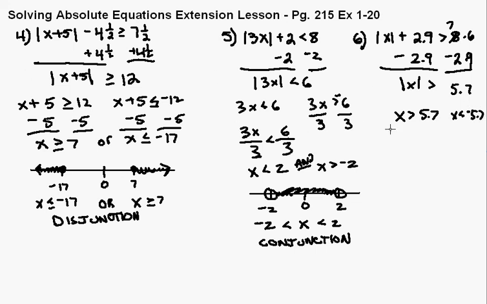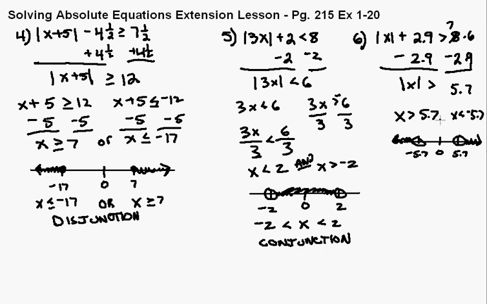Number line, here we go. So here is 0. Here is 5.7. Here is negative 5.7. No equals, so it's open circles. X is greater, so we're going this direction. X is less than negative 5.7, we're going this direction.